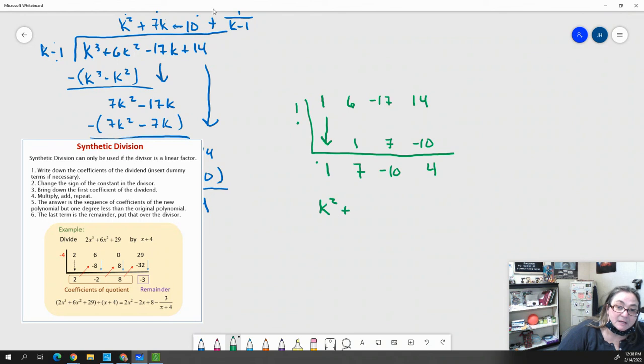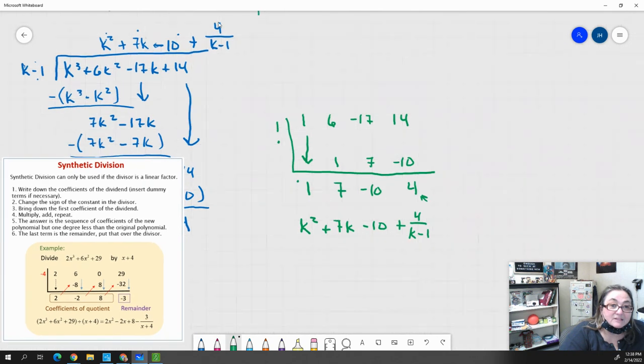This becomes plus 7k minus 10. This right here is our remainder. So we would write this as plus 4 over k minus 1.